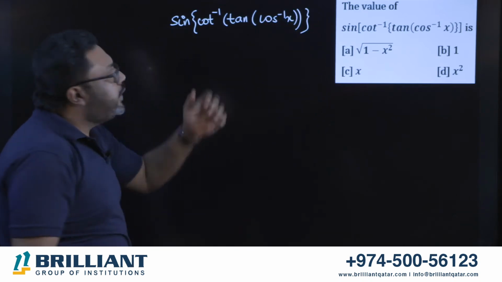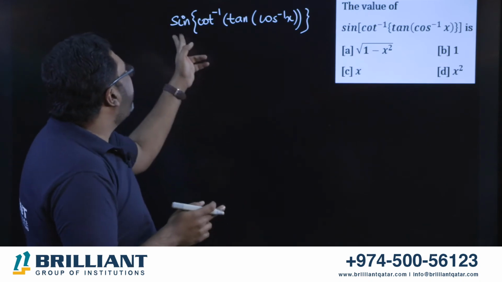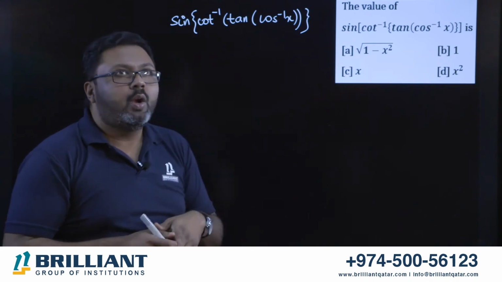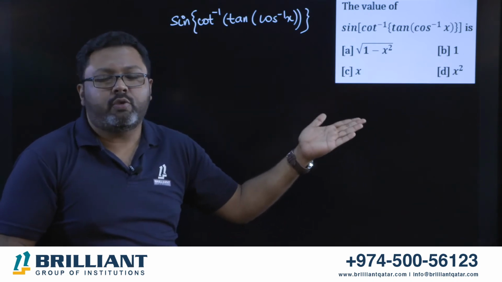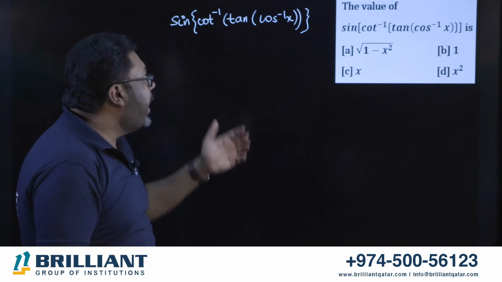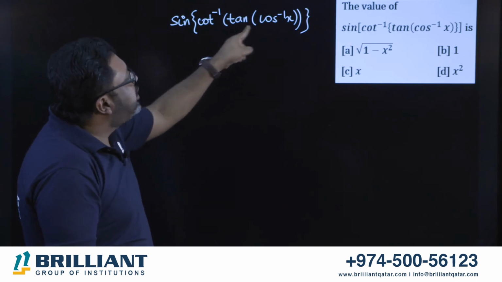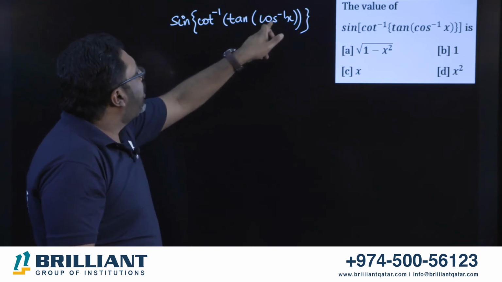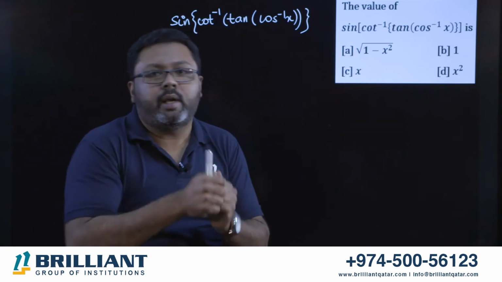So when most of you see this question, you know what happens? Your head will directly tell you, okay, I have an inverse function and a trigonometric function. I have to use the triangle method. Now you know what the triangle method is and how to approach it. What happens to most of you is you will start doing the triangle method, and you have to do it twice, for tan, cos, sine, cot, to reduce it.